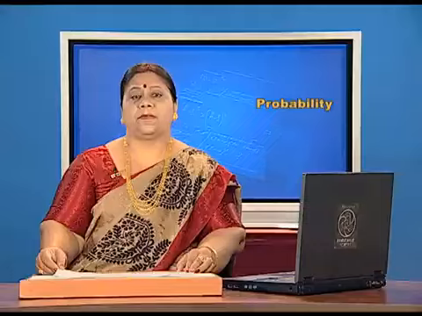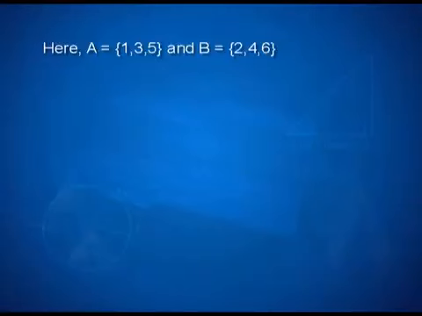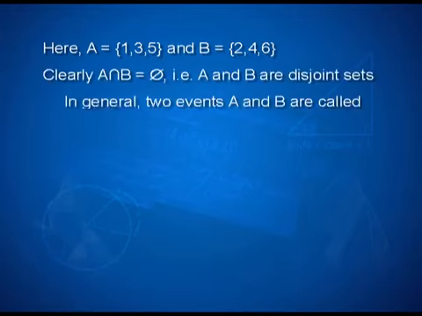In other words, there is no outcome which ensures the occurrence of events A and B simultaneously. Here, A is equal to {1, 3, 5} and B is equal to {2, 4, 6}. Clearly, A intersection B is empty. That is, A and B are disjoint sets.